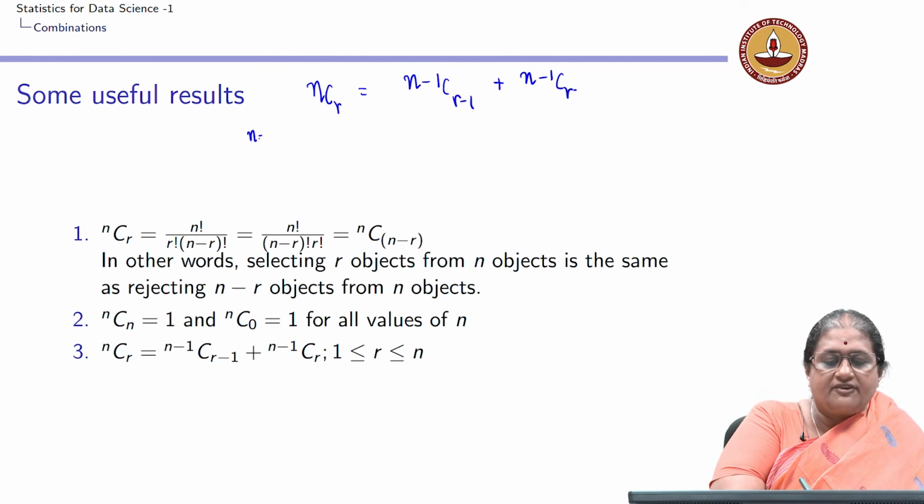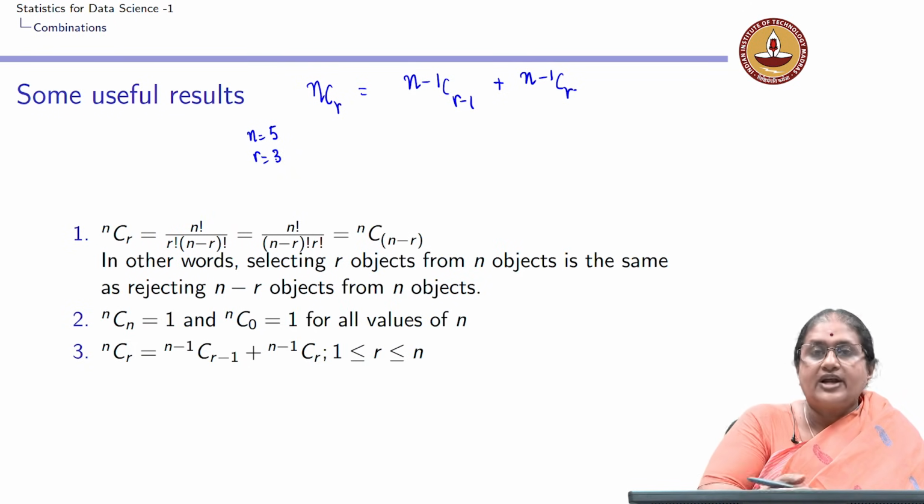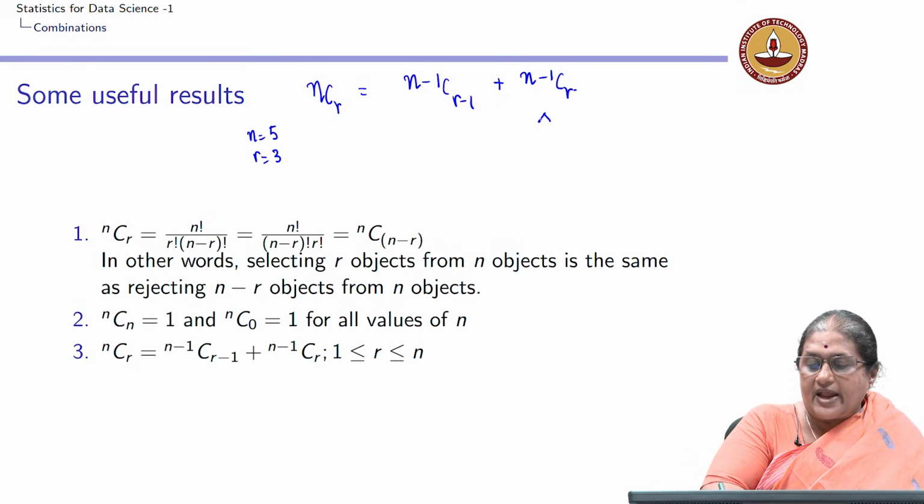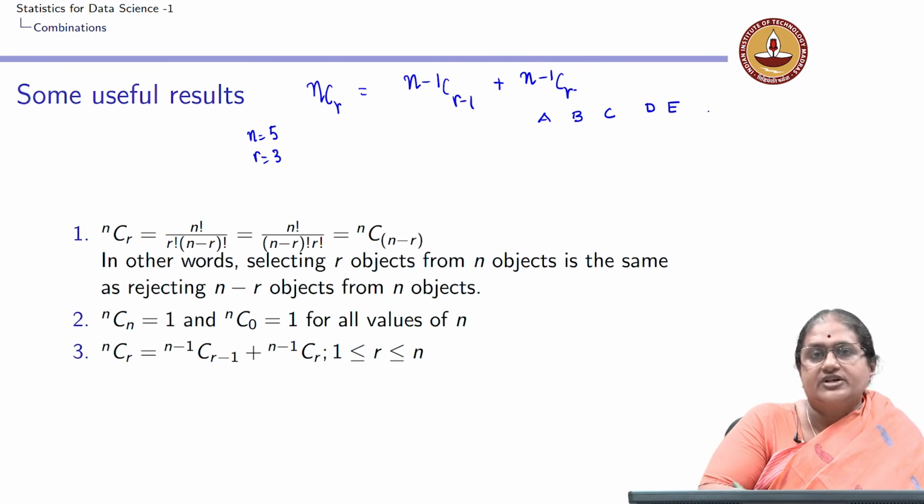For example, n equal to 5 objects and I have to choose 3 objects out of them. Let me assume that I have A, B, C, D and E, who are my 5 students or 5 objects, and I have to choose 3 from them.